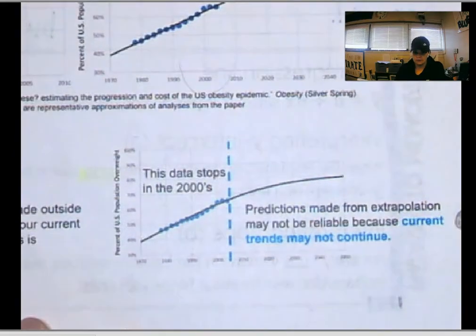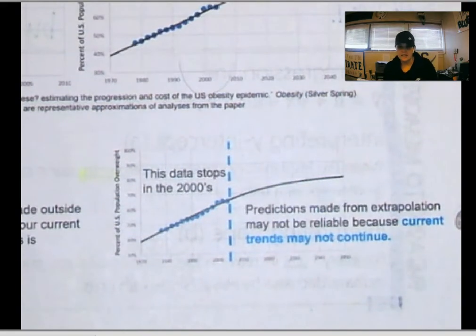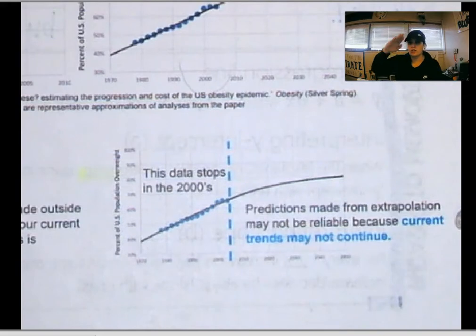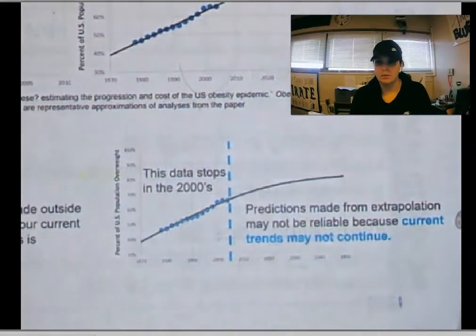Which would make sense because we've seen some data sets where in a certain area it looks linear, and then as the data moves on, it starts to take a curve. So we've seen data sets where on the lower end of the x values, we see a clear linear trend, and then all of a sudden it starts to curve.